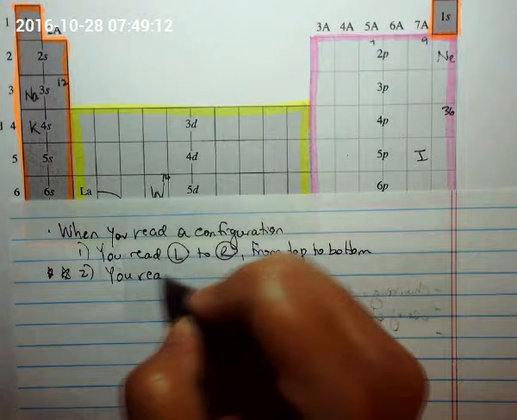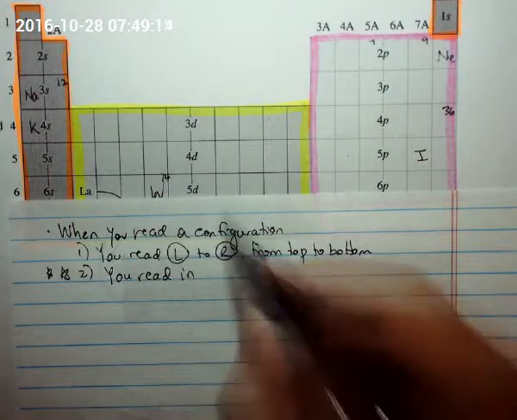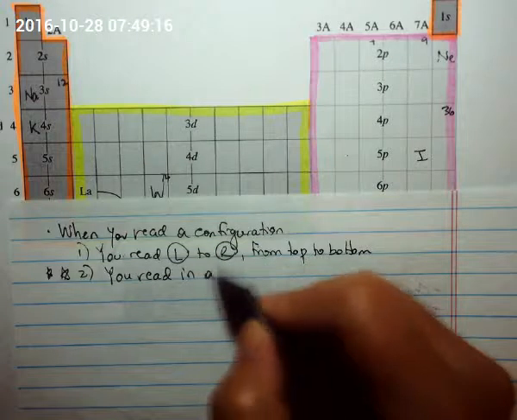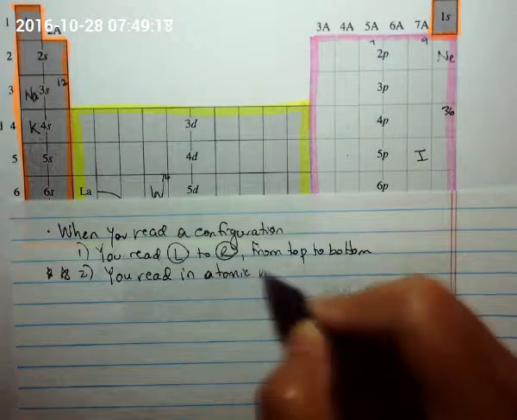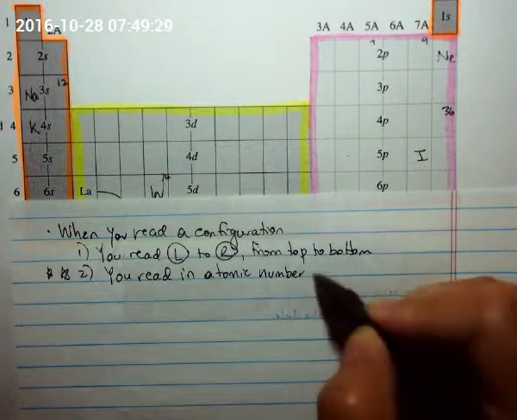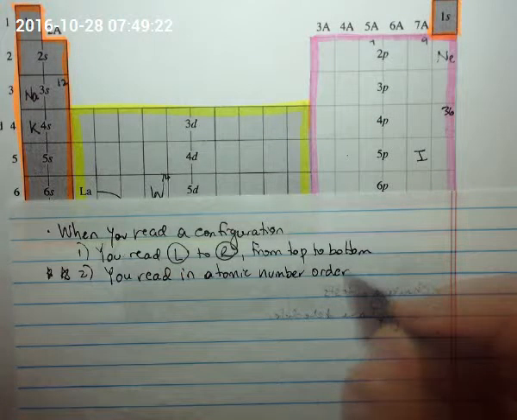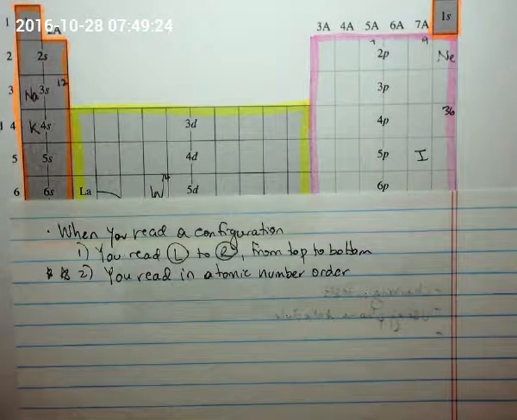You read in atomic number order. So you read these things sequentially by atomic number.